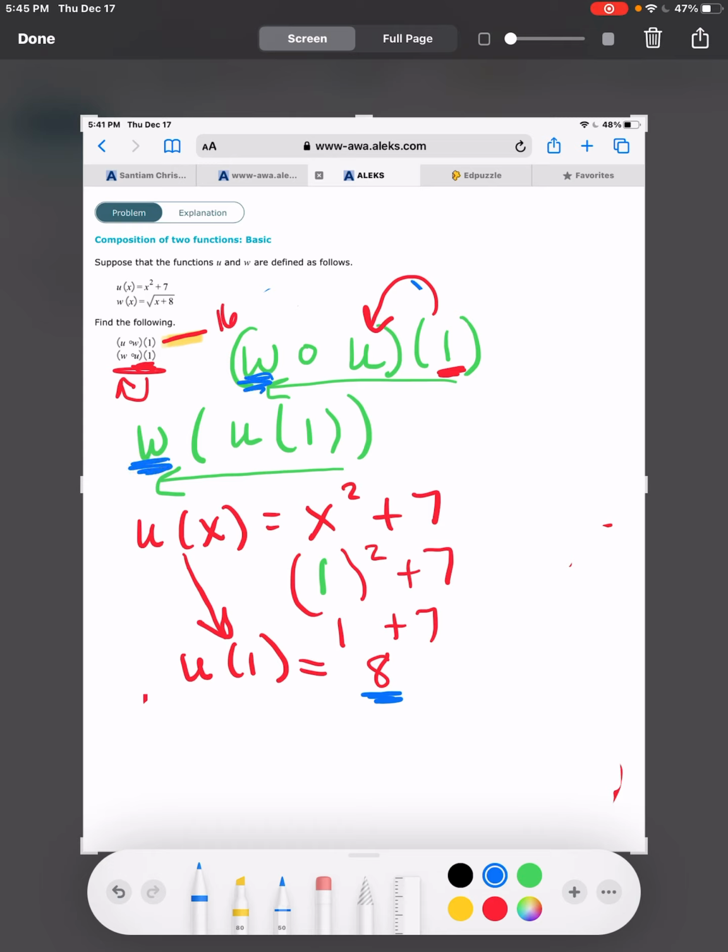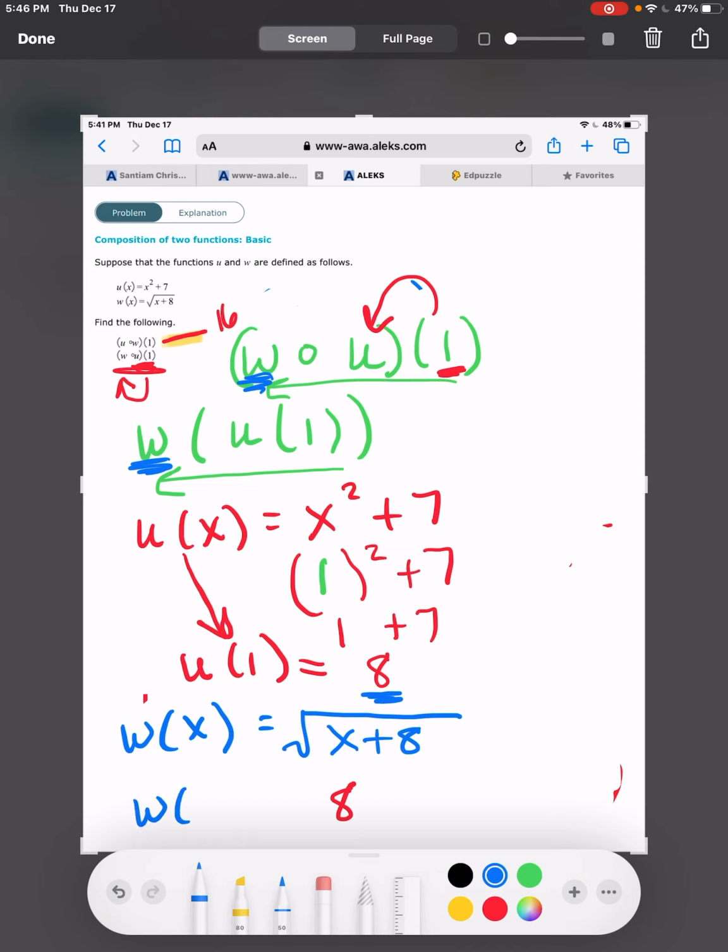So the w function is the square root of x plus 8. And so I'm going to be taking the 8 and plugging it in there.